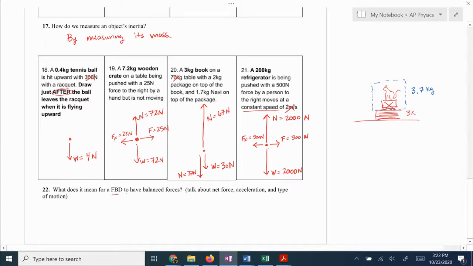What does it mean for a free body diagram to have balanced forces?